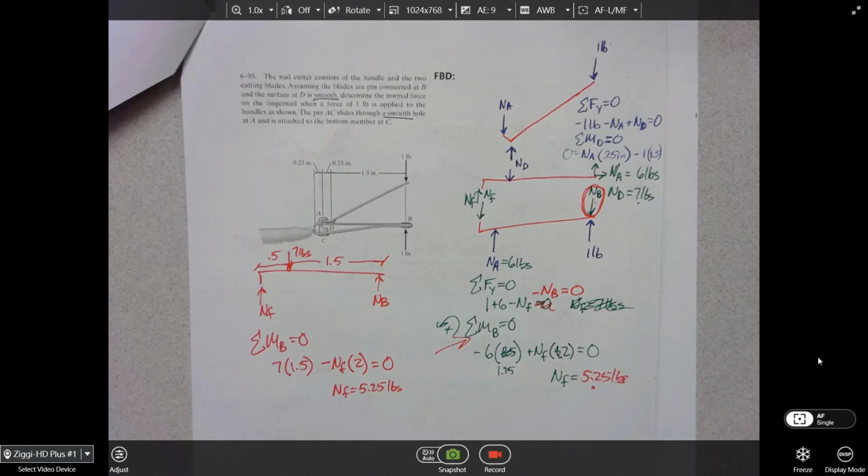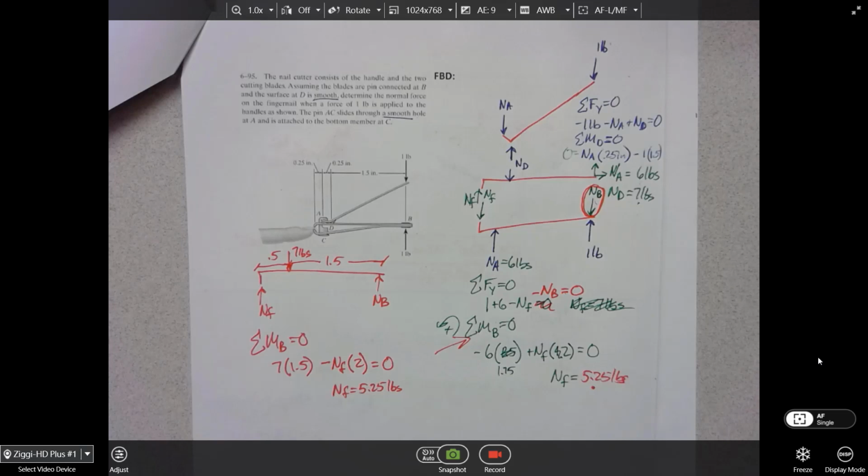And then it looks like at A, there must be some normal at A acting down on the tip of the handle, right? And then the equal and opposite of that would be the normal at A acting up, because it's a smooth pin or two-force member, if you want to think of it that way, that goes through the hole and acts on the bottom. Okay.